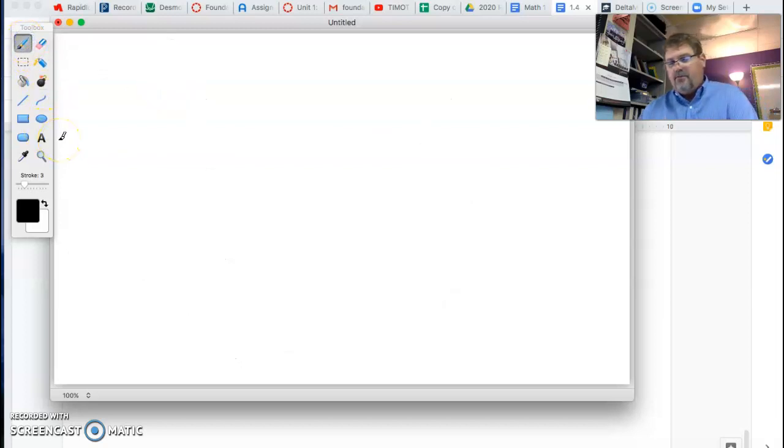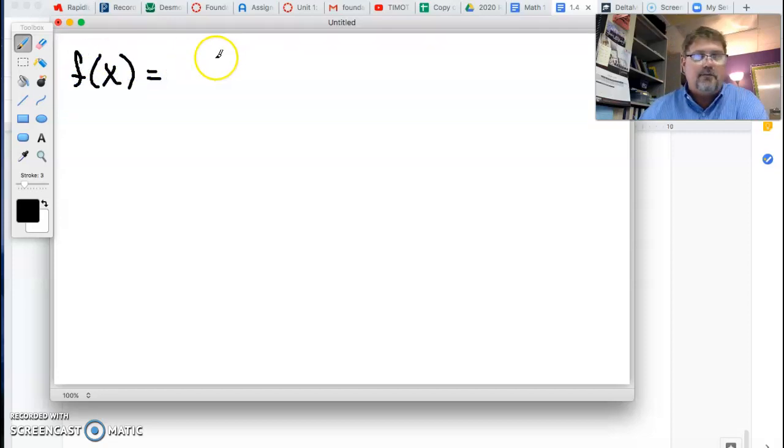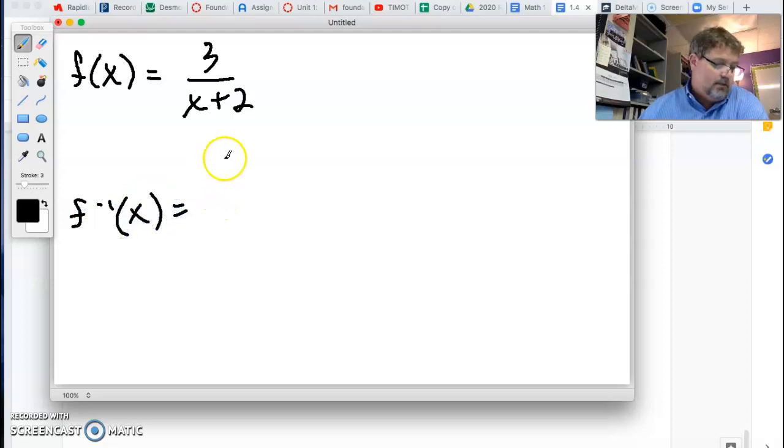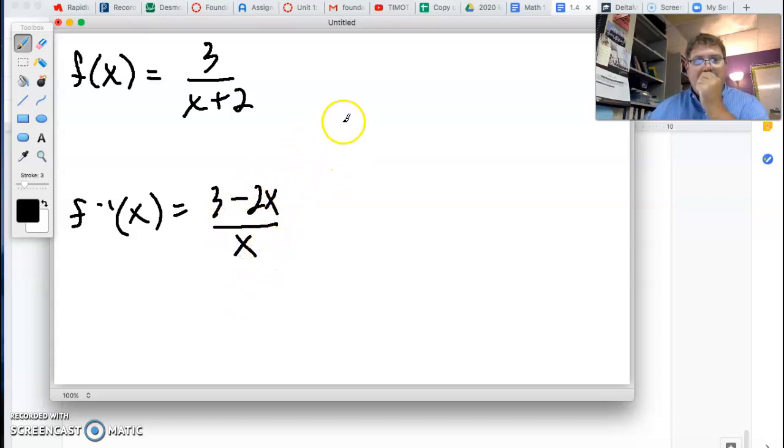So our inverse function we came up with, well, let's write both of them. We got f of x, and he was 3 over x plus 2. And all that hard work we did, we found that f inverse was actually 3 minus 2x over x. Okay, so let's run a quick test on this thing and see what happens here.